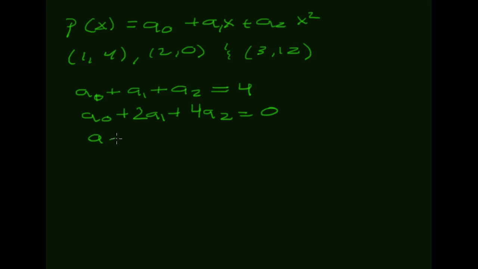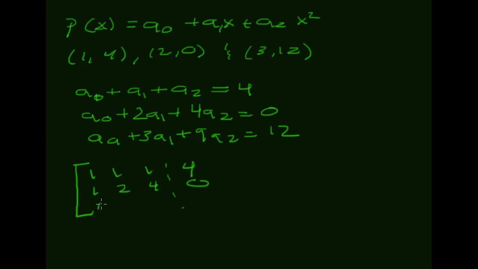And then a0 plus 3 a1s plus, let's see, 3 squared is 9 a2s is going to equal 12. Okay, so there's my system of equations.